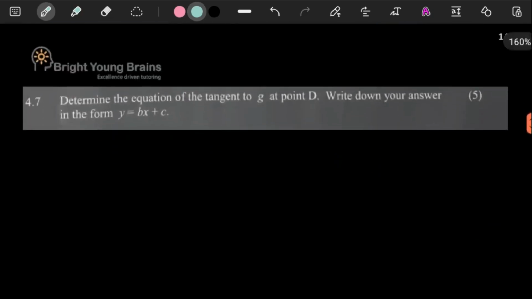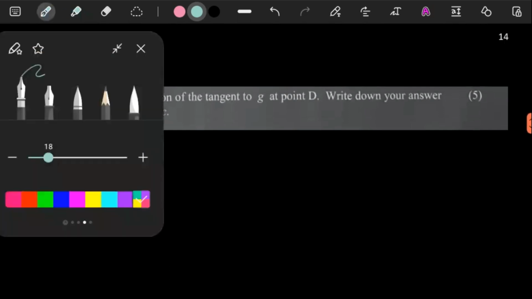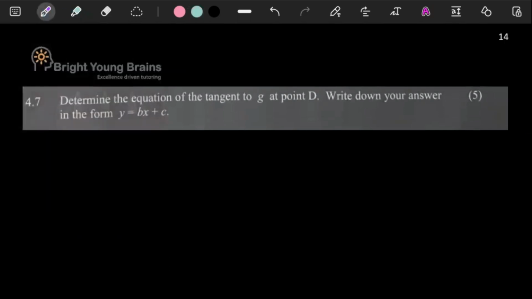So for 5 marks, obviously a 5-mark question, we need to be a bit careful. They said, determine the equation of the tangent to g at D. Write down your answer in the form y = mx + c. This is an equation of a straight line.